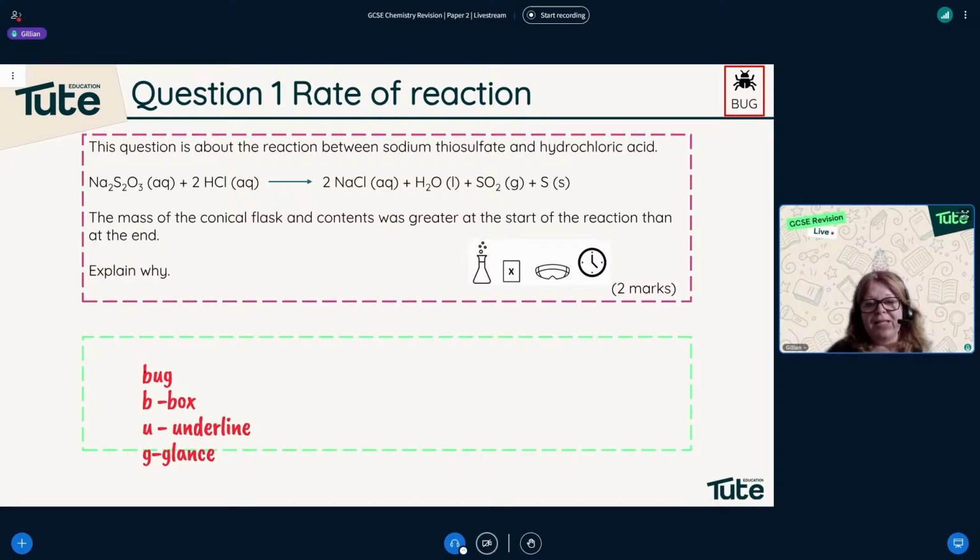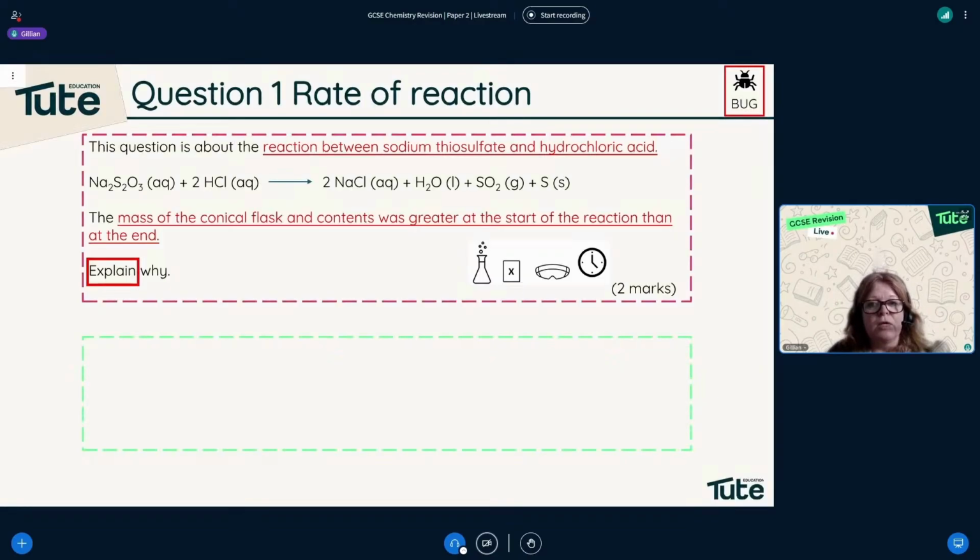So let's do BUG. Okay, so this question is about the reaction between sodium thiosulfate and hydrochloric acid. So our command word for this question that we boxed is explain. If you're given that explain command word, you should make something clear or state the reasons for something happening. Then what we need to do is read the information in the question and underline that key information.